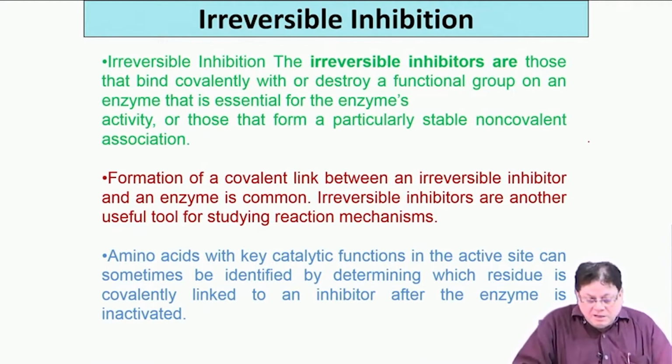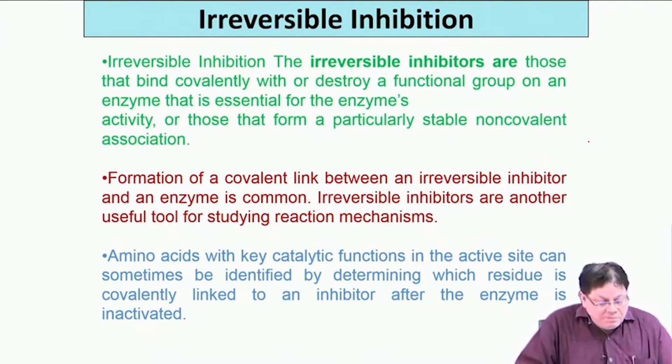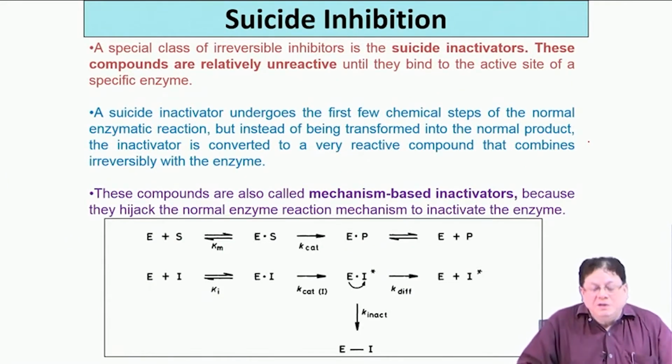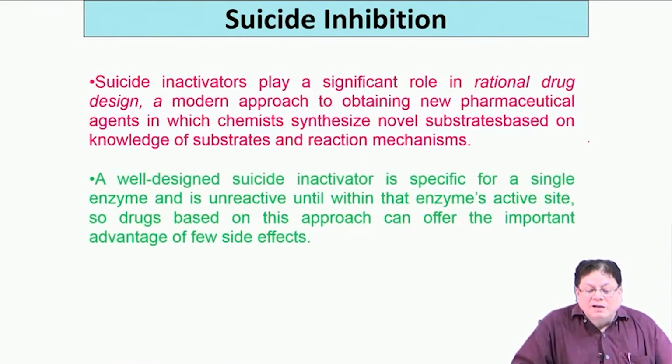Now, I have already told you that there are two types of irreversible inhibition. One is what is called suicide inhibition, and the other is what is called active site directed inhibition.